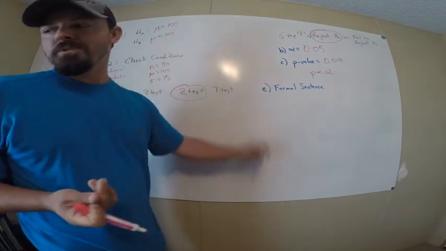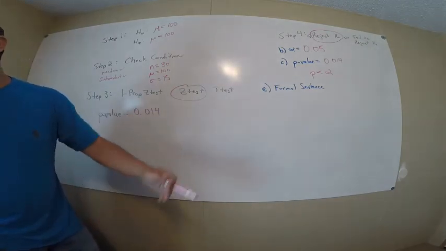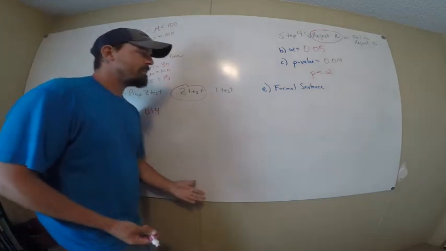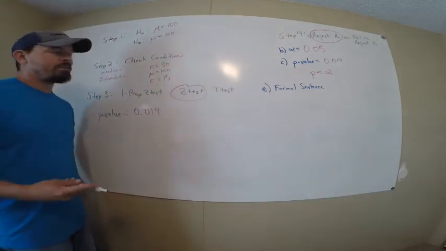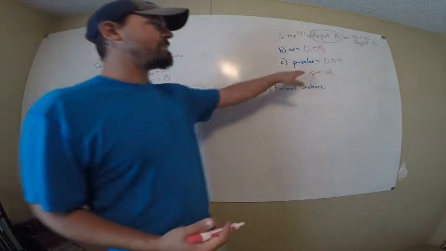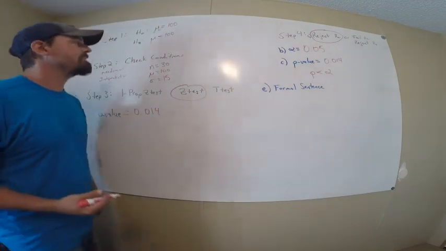Now we need to put it in a formal sentence. And if you notice on your notes, it says write it in a formal sentence. The data suggests, or the data does not suggest. That's not the only way to write it, but that's a really good way to start writing it. So here, what does the data suggest? If p is less than alpha, I reject my null hypothesis.